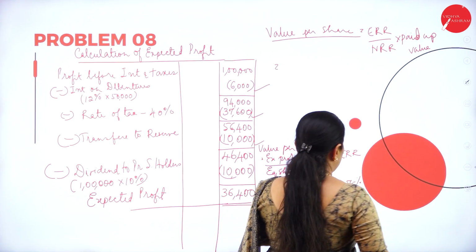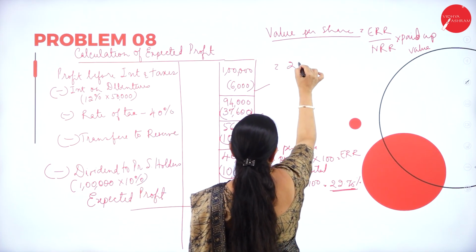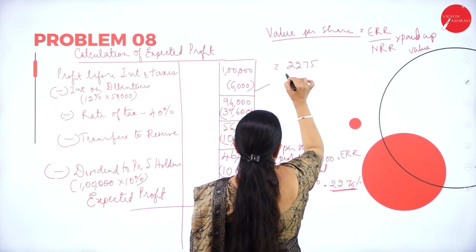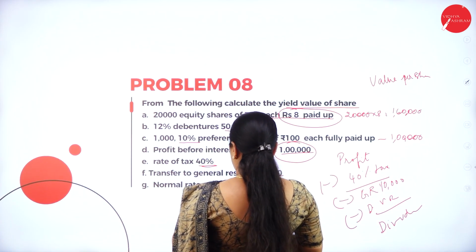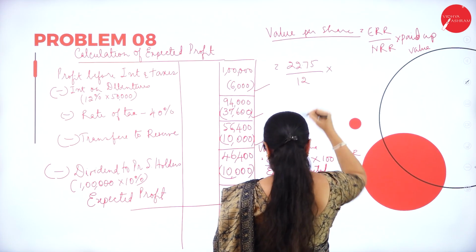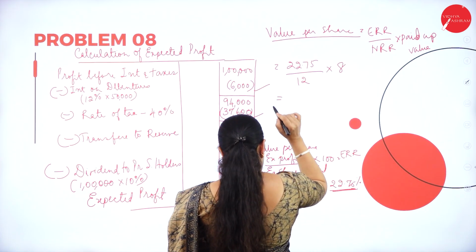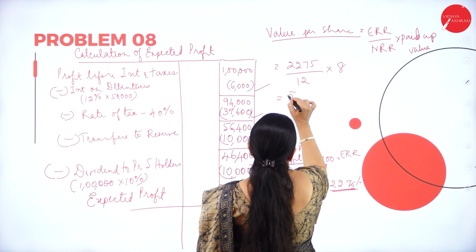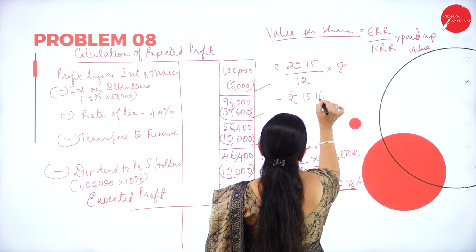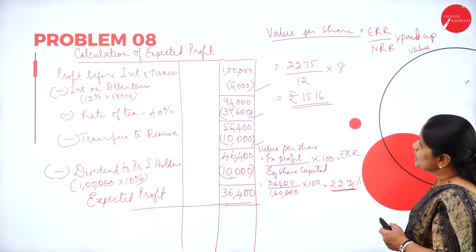Now, the value per share. So, we have the ERR at 22.75. Then we have the NRR 12% into paid up value 8 rupees. So, when I simplify this, I get rupees 15 rupees 16 paisa. So, this is the value per share.